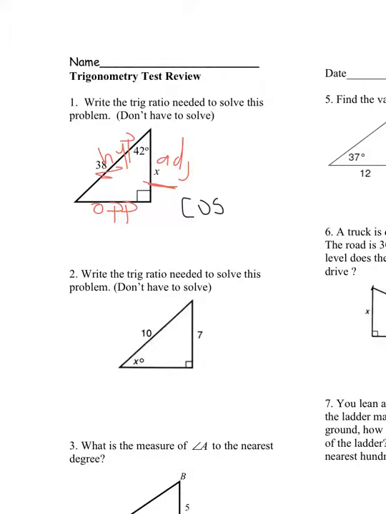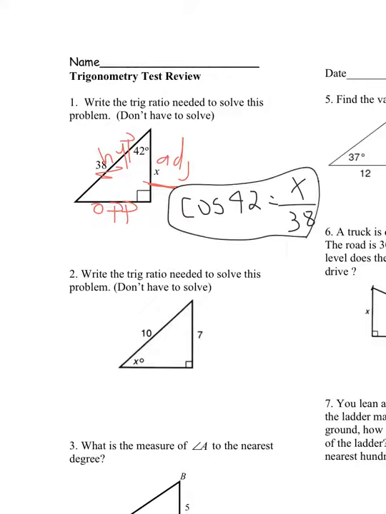So you have cosine 42 degrees equals adjacent x over hypotenuse 38. So that's the ratio you need. You can leave it like that possibly. Also, just so you know, they might have you look for the answer where it's about to be solved, which means if you multiply the 38 to both sides, you get something that looks like that. So just be aware of that.